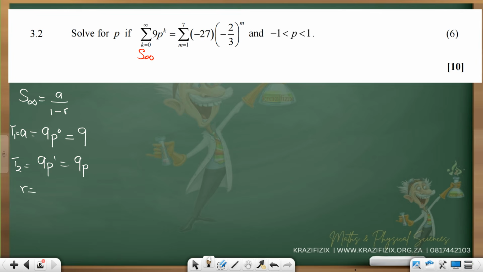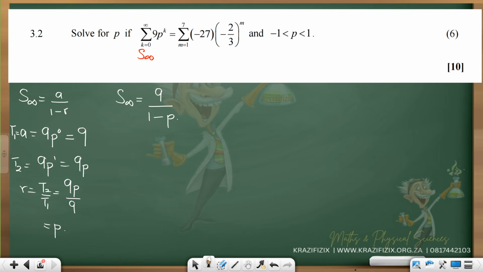What is my R? T2 over T1, which is 9P over 9. So everyone should be able to do this interpretation for now. So what is our sum to infinity? What is A? 9 over 1 minus P.